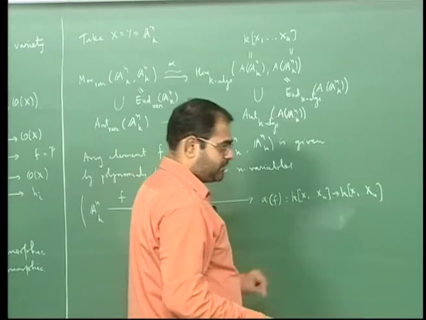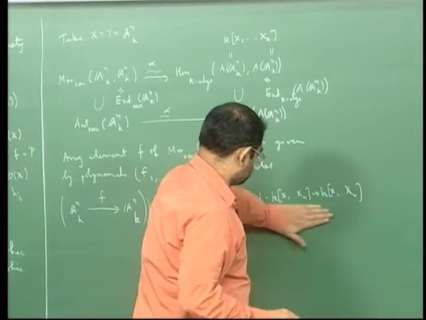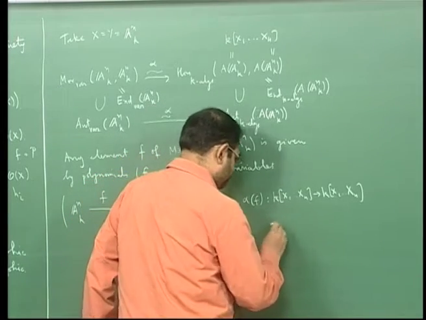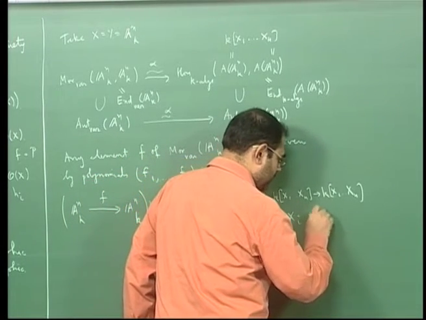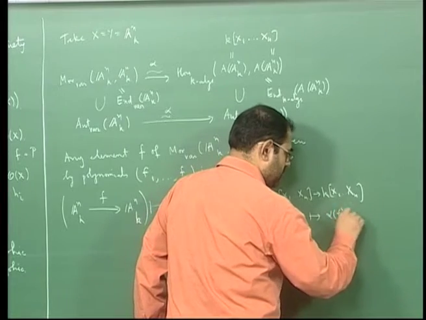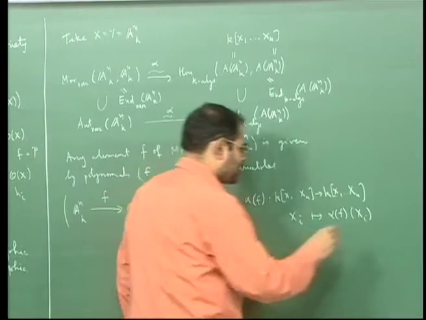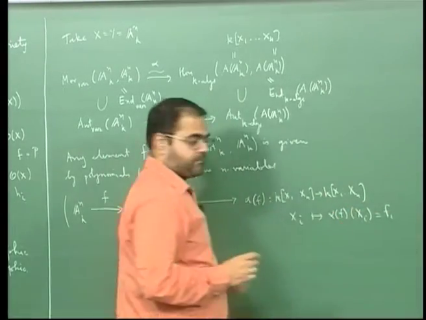Let me write that here. So I have xi going to alpha of f of xi, and I am calling this fi.